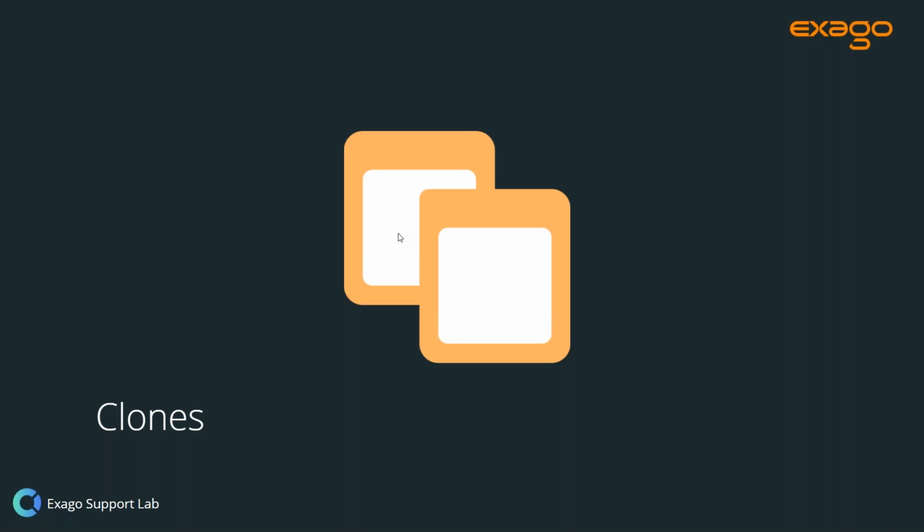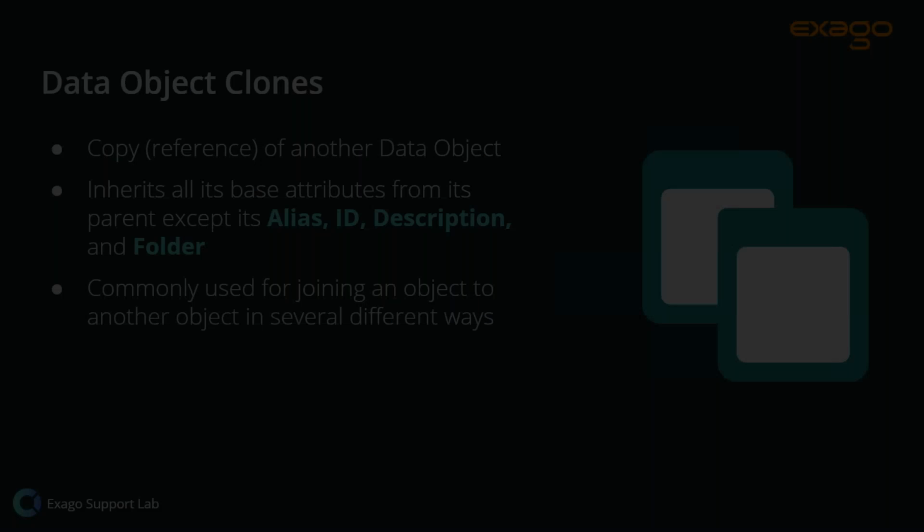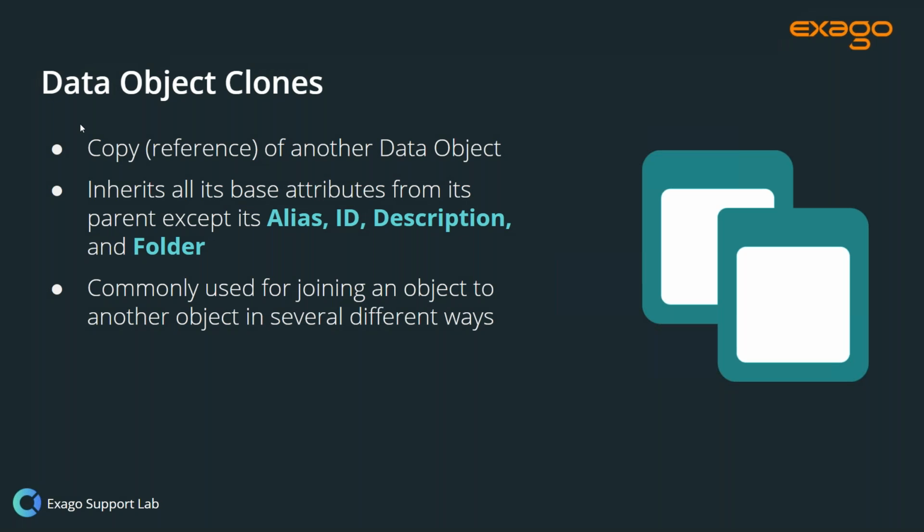So the second feature that I want to talk about is clones. So this is a slightly different way of accomplishing something that's pretty similar. So first of all, cloning data objects. What we're going to do is in our admin console, if we have a data object, we have the ability to copy as a reference an existing data object.